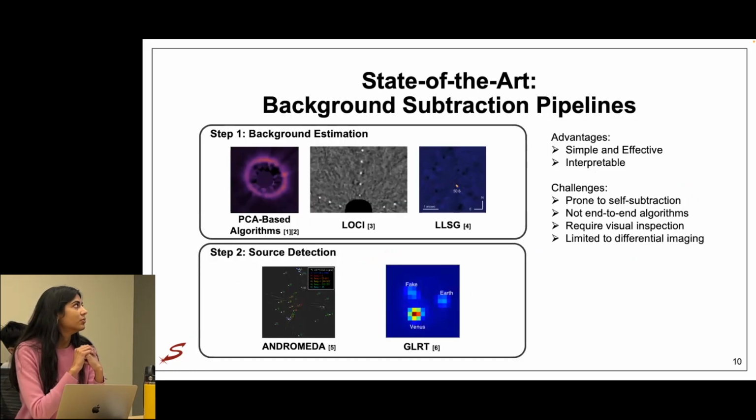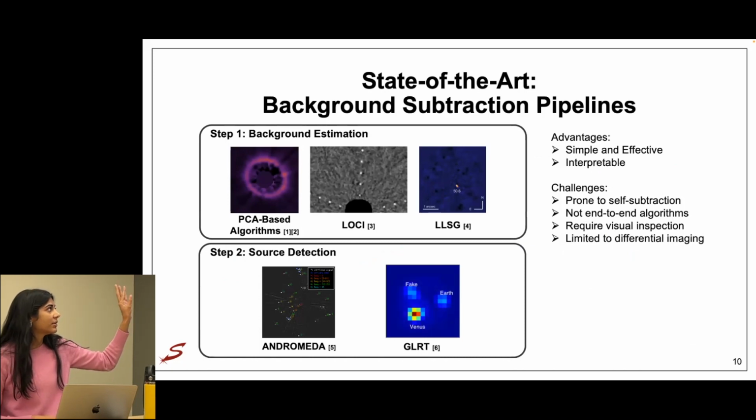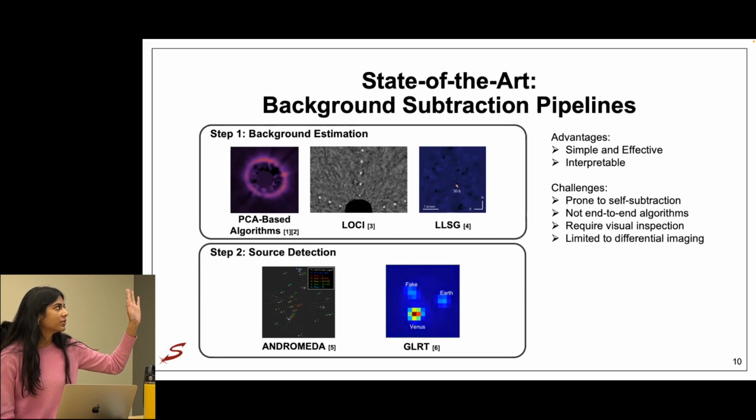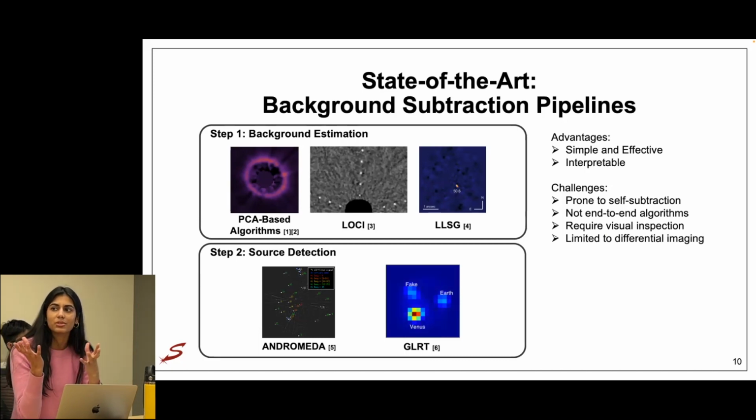So, diving into the background subtraction pipelines. In the background estimation category, this is where most of the innovation has been in recent years for this type of algorithm. We have principal component-based algorithms, which use principal component analysis to determine that low-rank approximation.